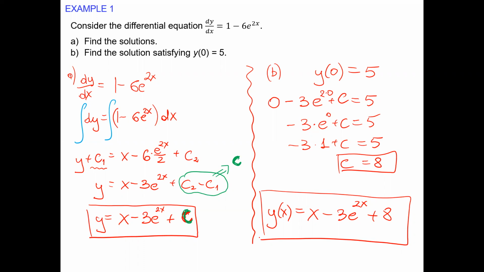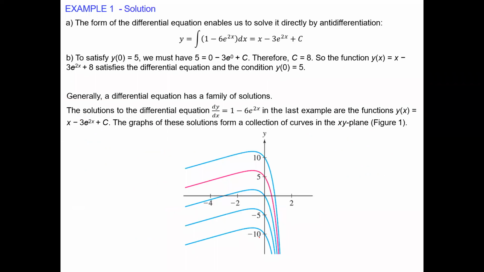And I do have a graph, so we don't need to draw the graphs. Please don't worry, we can see we have this solution. Before having an initial value problem, all of the blue lines represent this function. If we use, for instance, Desmos, we can get these graphs.